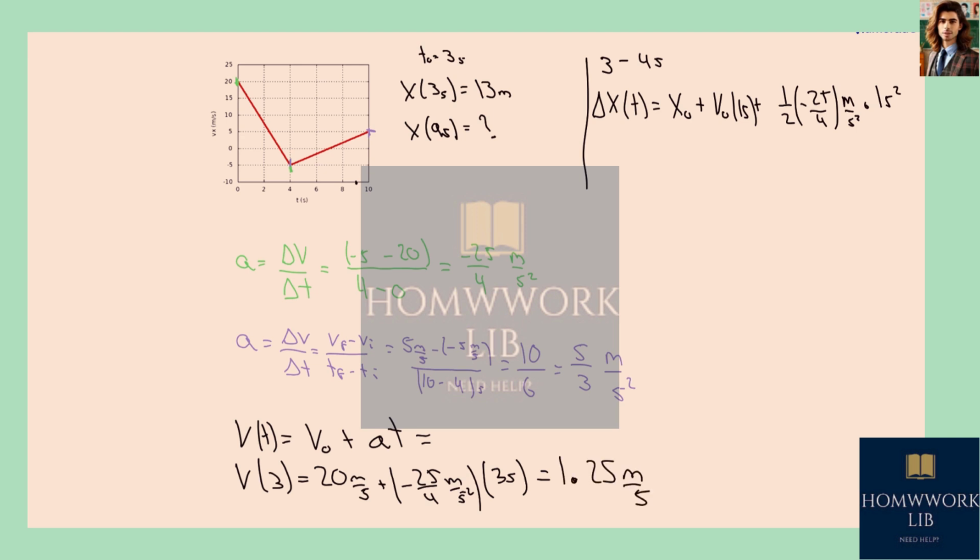So now we can plug in the change of position as a function of time to get the result for the first part of the movement. The position is going to be 13 meters plus the velocity that we just found, 1.25 meters per second, times 1 second, plus 1/2 of minus 25 over 4 meters per second squared times 1 second squared.